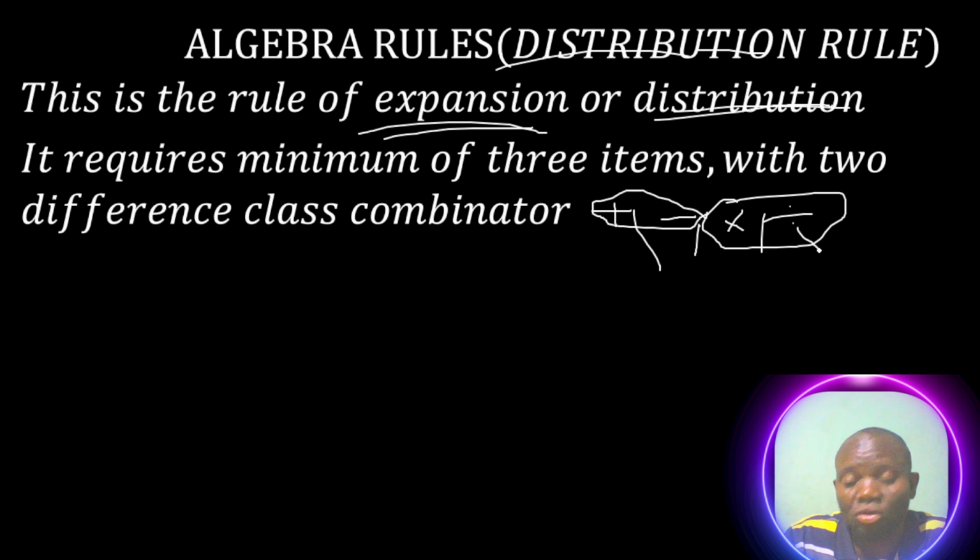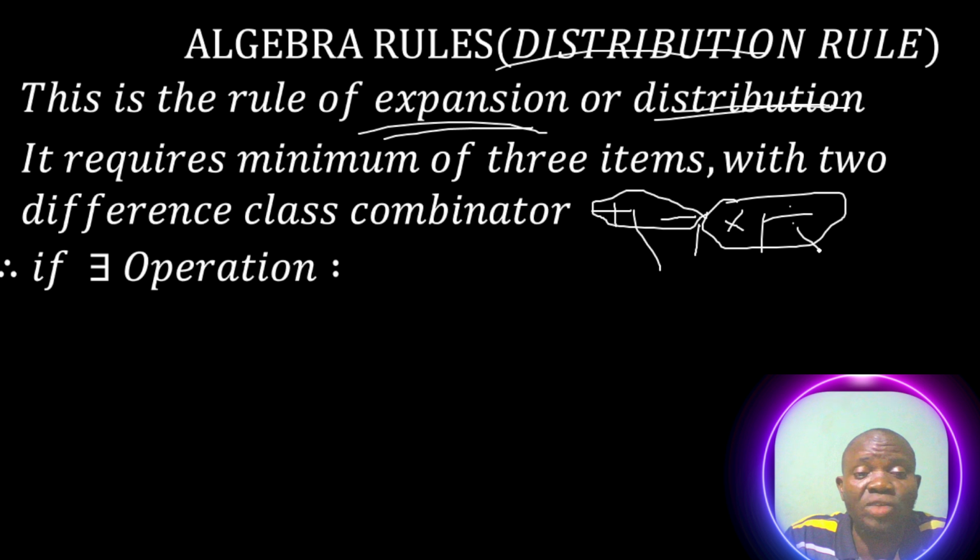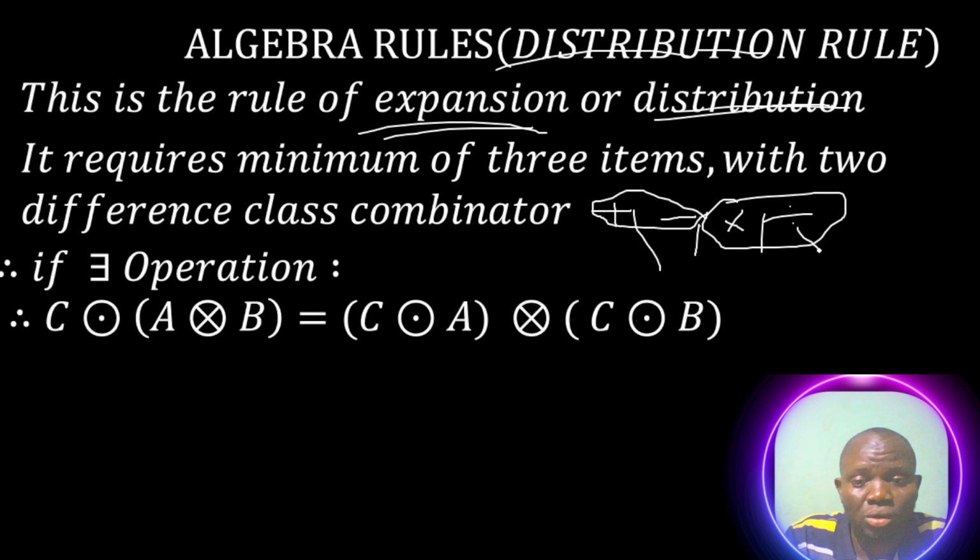The rule is telling us that if there exists an operation such that C combines with the items in this bracket, which is A combinator B, that actually results in C combined with A, and then everything combined with C and B. This is the distribution rule. We are saying that C is distributing itself over A and B. Can you see that it's a distribution rule?